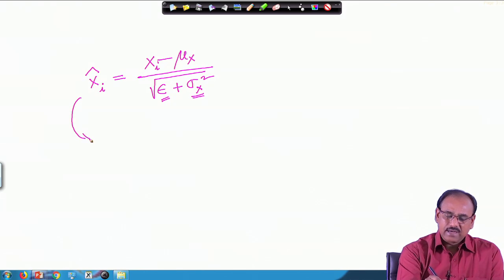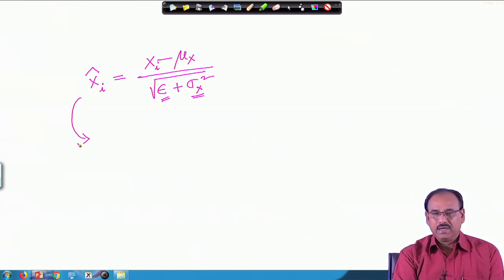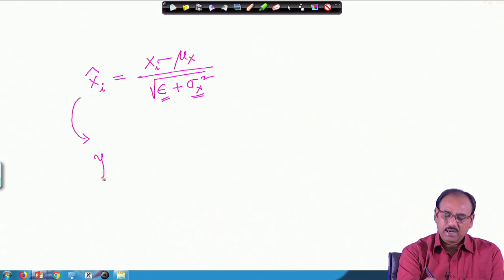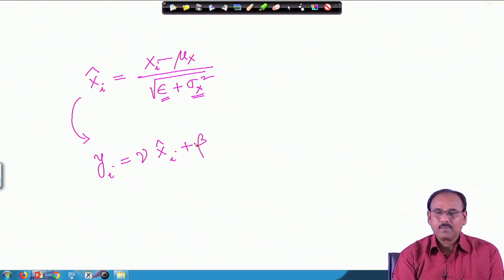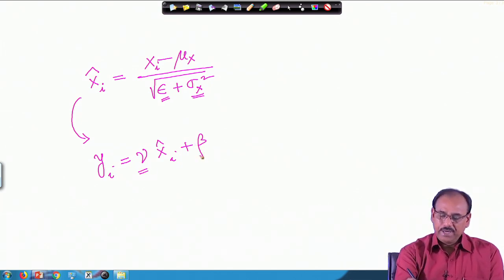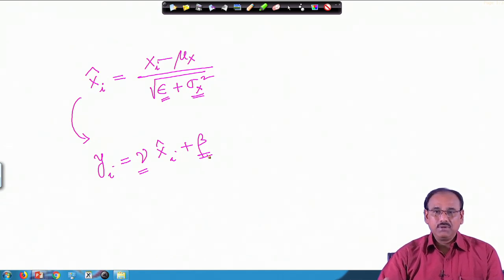Using this x_i hat, you renormalize your data in the sense that from here I create y_i, which will be gamma times x_i hat plus beta, where gamma and beta are tunable parameters. Gamma becomes the new standard deviation and beta becomes the new mean. And because these are tunable parameters, the class belongingness of the data can be encoded within gamma and beta.